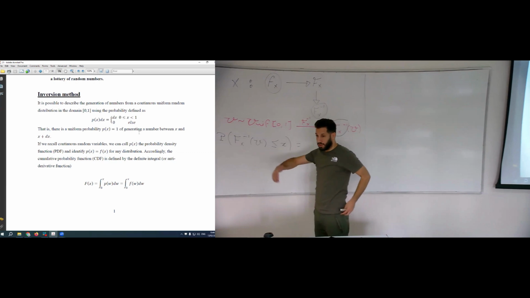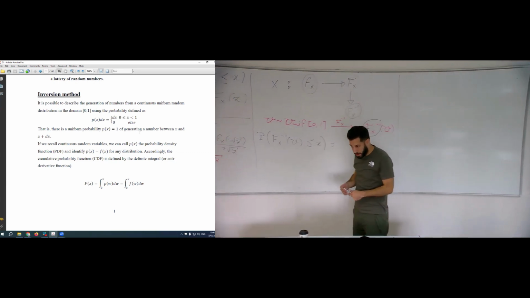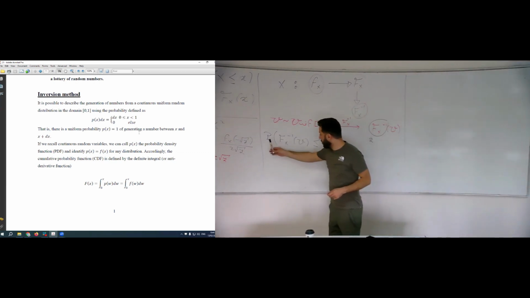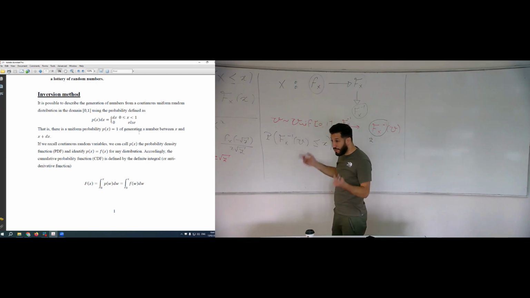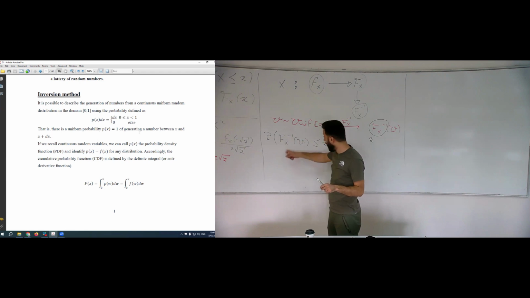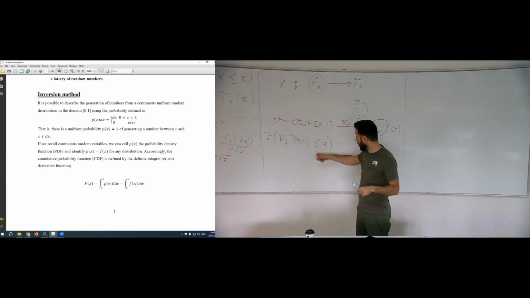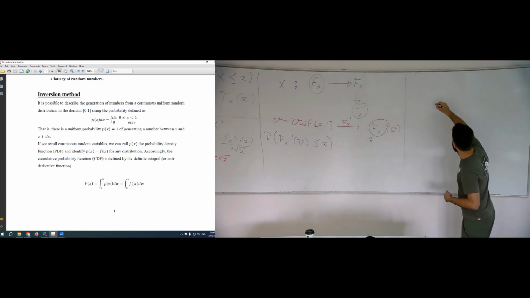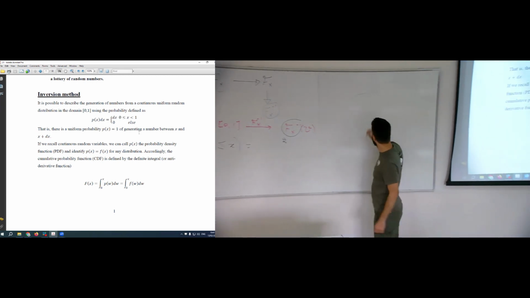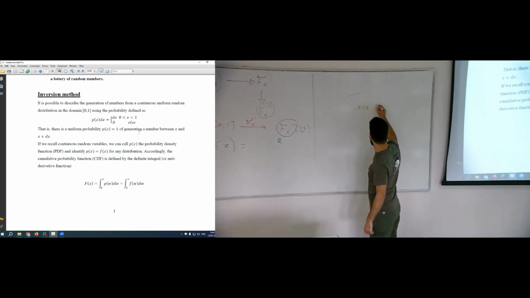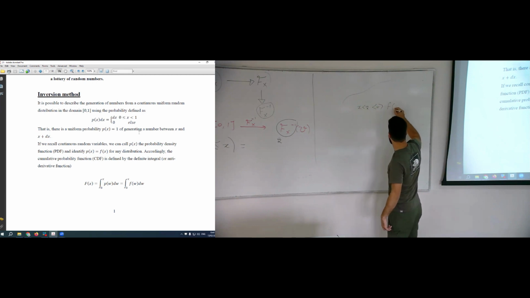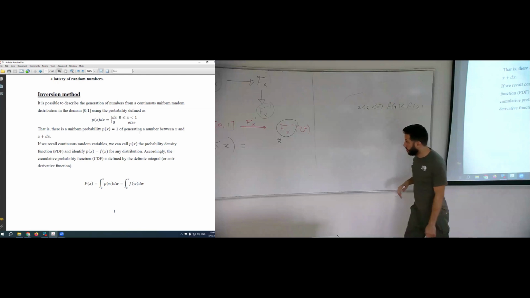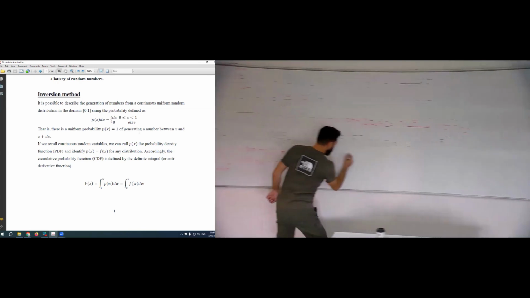So if it is a monotonic function that always increases, the probability of this smaller than this is the probability of Fx applied on this smaller than Fx applied on this. If I have an increasing function, x is smaller than y if and only if f of x is smaller than f of y. So apply f here, it's the same event.